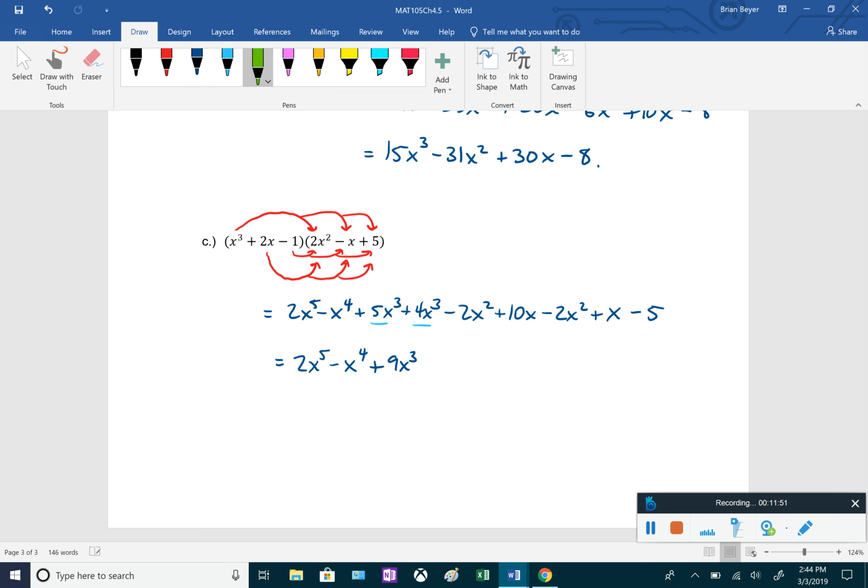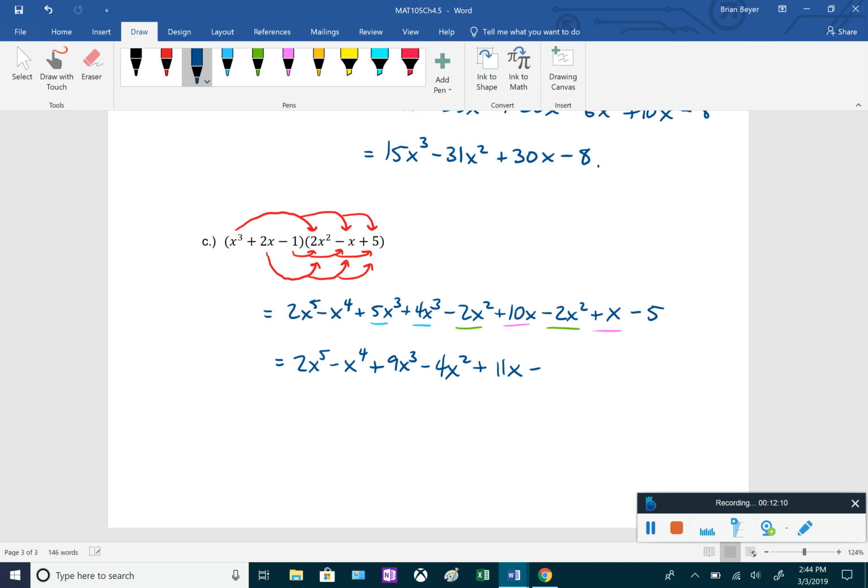And for the squared terms, we have -2x squared, and then minus 2x squared, -4x squared. And then we have 10x plus x gives us 11x, and then minus that 5.